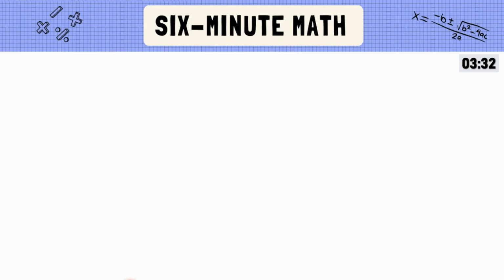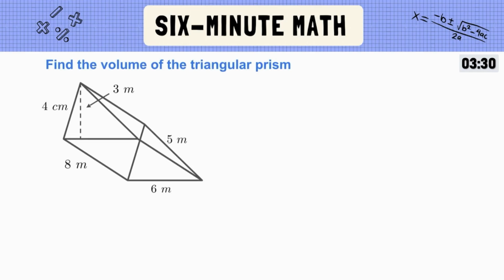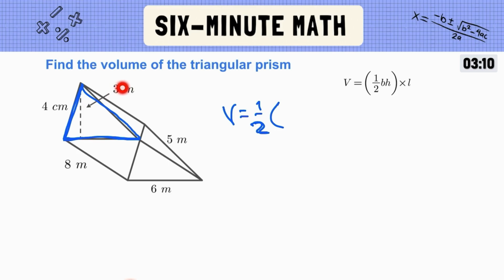So let's do some examples together here. We're going to find the volume of this triangular prism. The first thing I'm going to do is use my formula and figure out the area of that triangle. So our volume is 1/2 base times height of that triangle. Our height is 3, our base is 6.